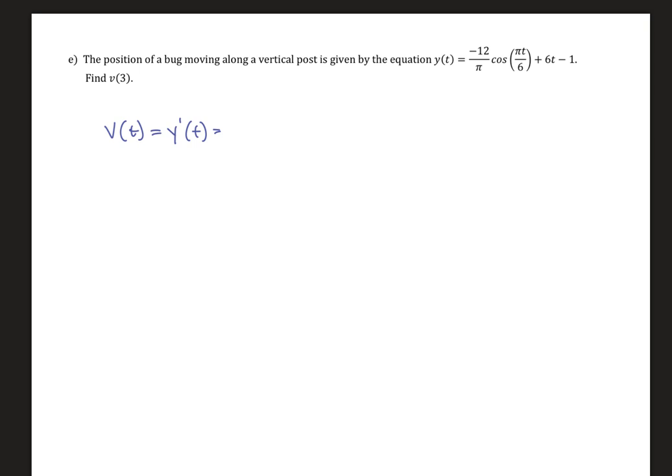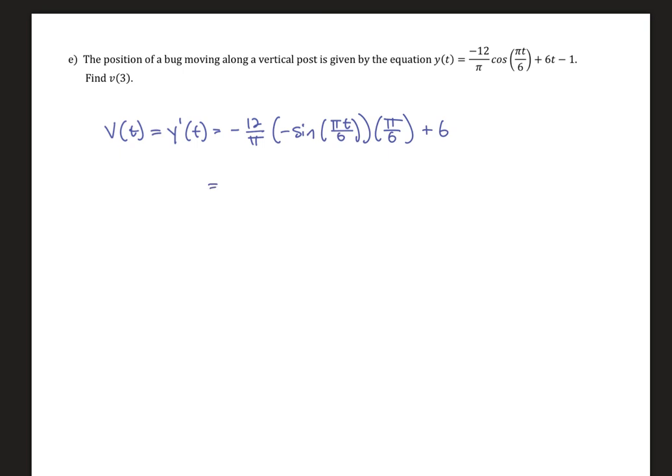If we're taking the derivative of the negative 12 over pi cosine pi t over 6, that first term, we'll rewrite the constant, and then times the derivative of cosine, which is negative sine, but with the chain rule you leave the inside alone and on the outside multiply by the derivative of the inside. The derivative of pi t over 6 is just pi over 6. All that is the derivative of the first term because we had a chain rule. The next one, the derivative of 6t is just 6, and the derivative of negative 1 is 0.